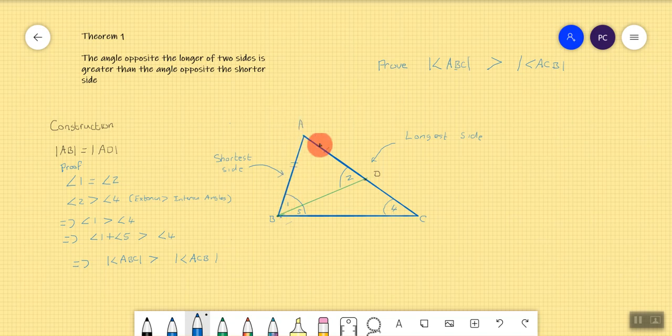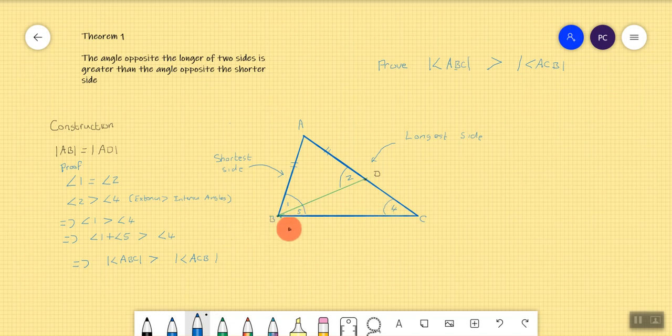So the length from A to D will be equal to the length from A to B. Then all you do is connect the line B to D, and essentially what this does is it cuts the angle opposite the longest side into two angles. And then we can say that this angle here, which is an exterior angle, is going to be bigger than this angle here, which is an interior angle.